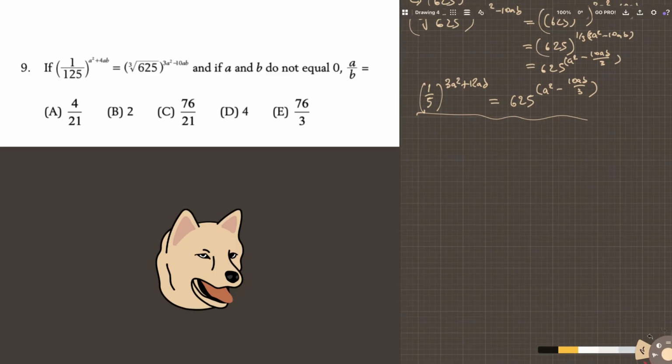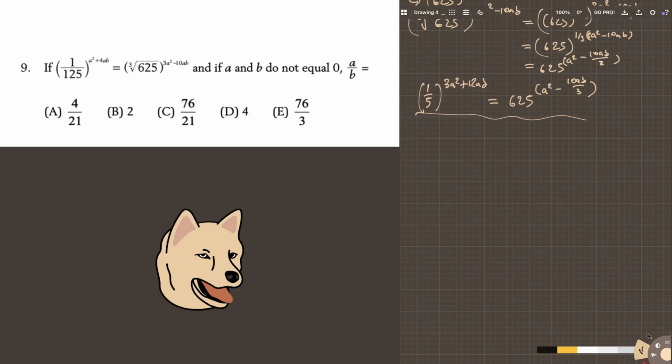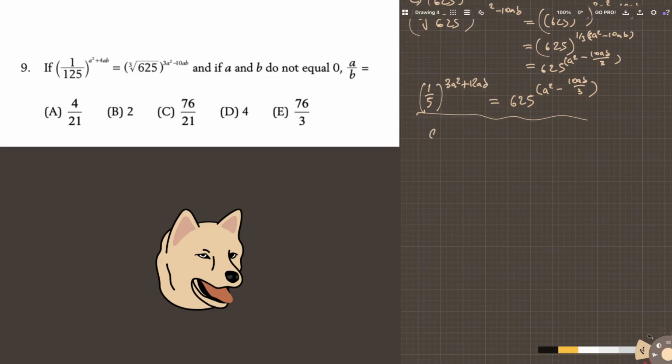Well, we can use the negative exponent property, which says that a to the power of negative x is equal to 1 over a to the power of x. That means we can switch 1 over 5 to 5 and just have its exponent be a negative value. So 5 to the power of negative (3a squared plus 12ab) equals 625 to the power of (a squared minus 10ab) over 3.